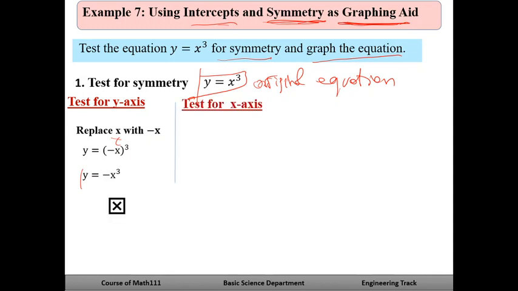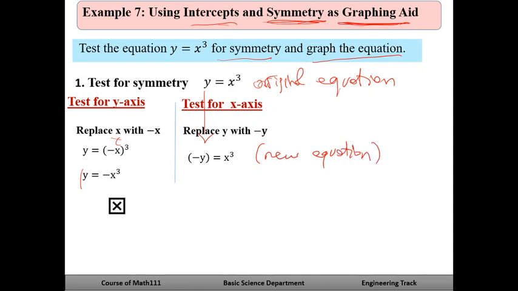Now test for the x-axis. So you replace y with minus y. Then you get the new equation here. And then you isolate y here, so you want to make them look the same.